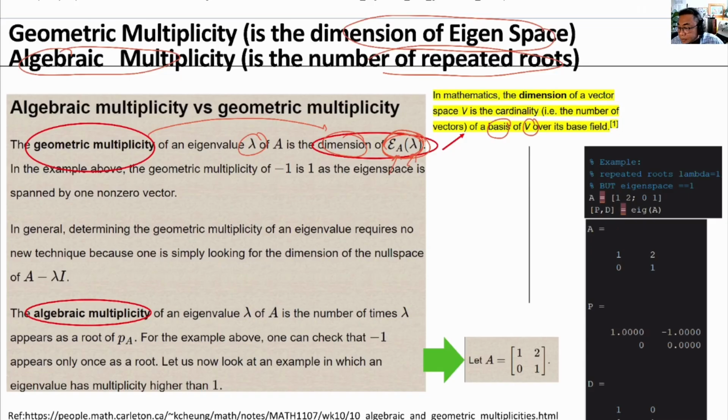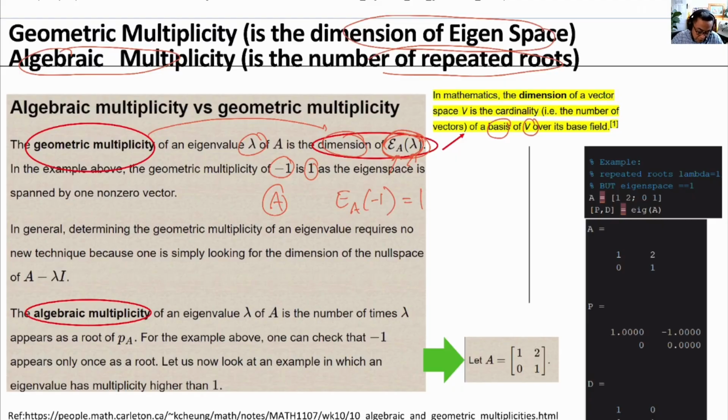In our previous example, since A has an eigenvalue of -1 and we found only one eigenvector associated with -1, the geometric multiplicity is equal to 1.